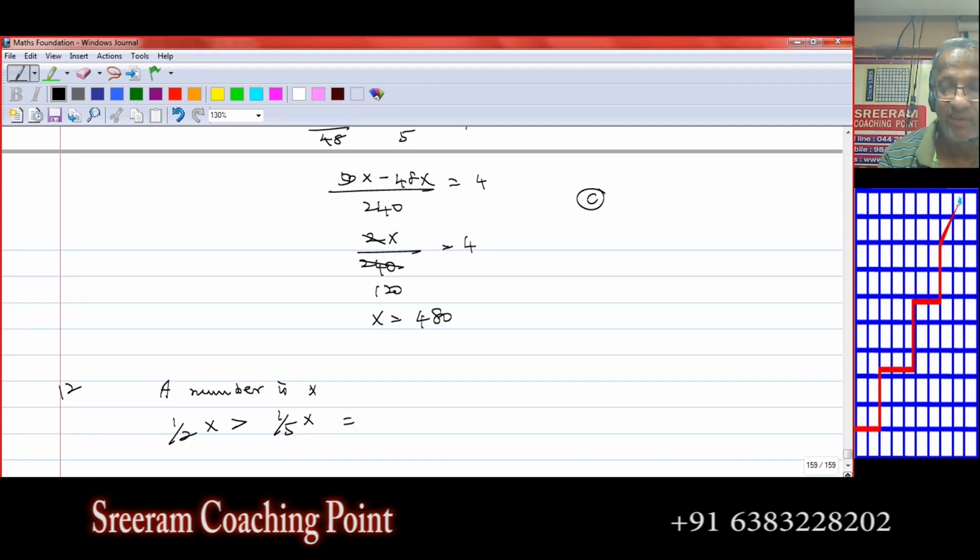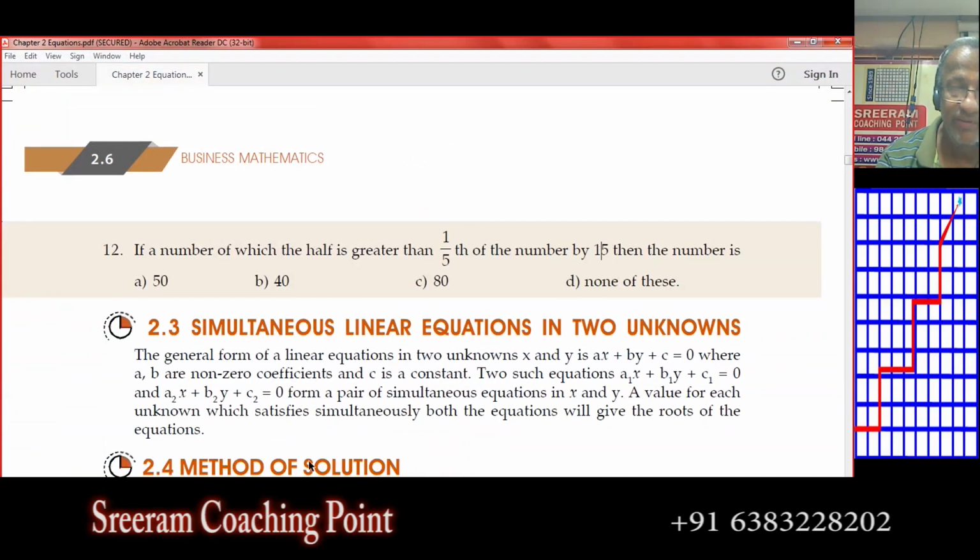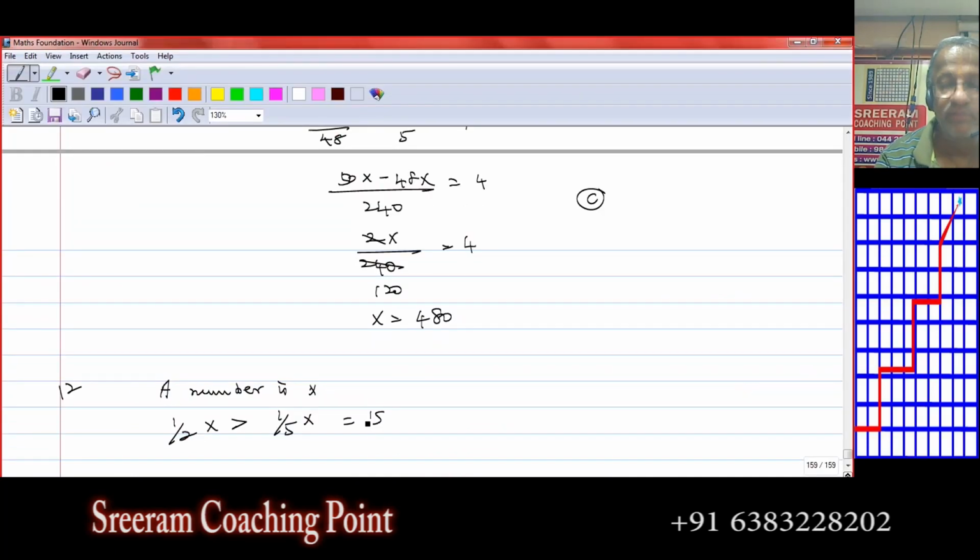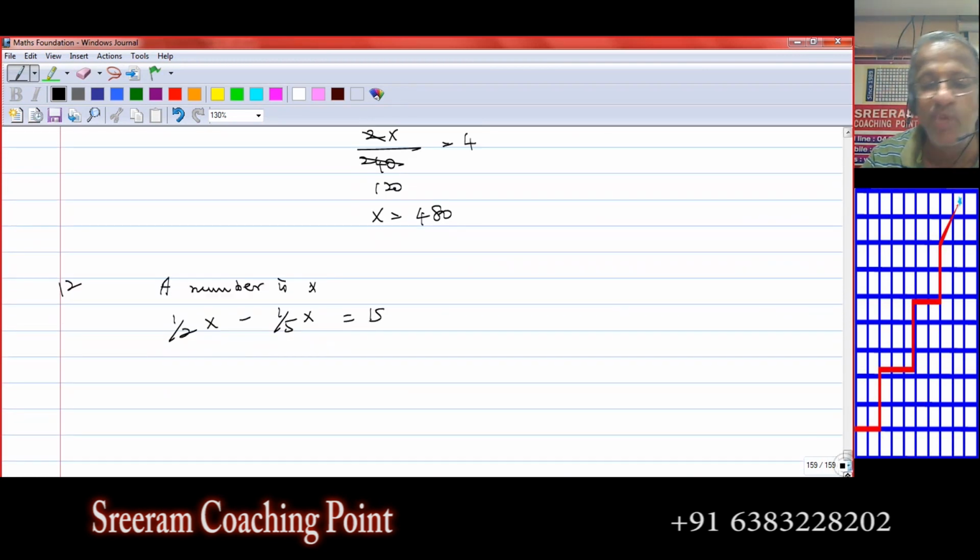By how much? 15. In this case, greater than, I will put it as minus. Half x minus 1/5 of x equal to 15. Are you clear? You should not get frightened on seeing that in one line itself they are bringing out everything.